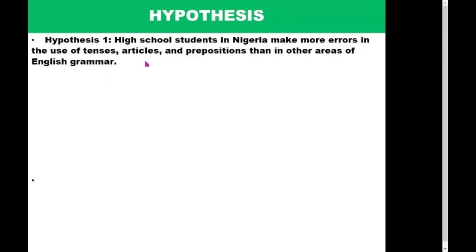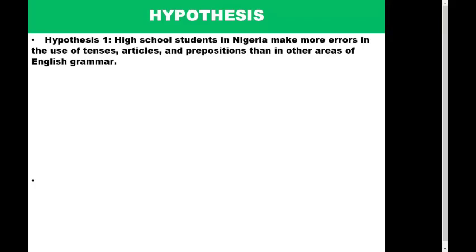Now, this hypothesis can either be proved or disproved in the course of your study. So, once you raise some hypotheses, then your study will provide either proof or otherwise. So that is the difference between research questions and hypotheses.